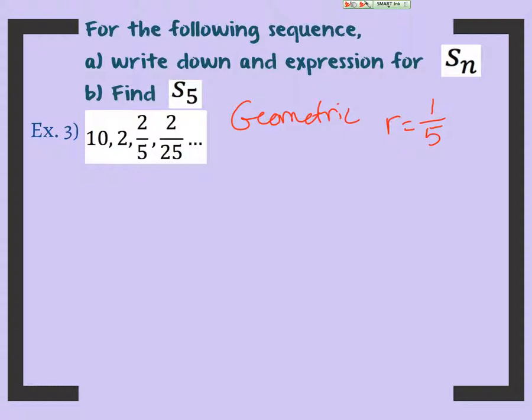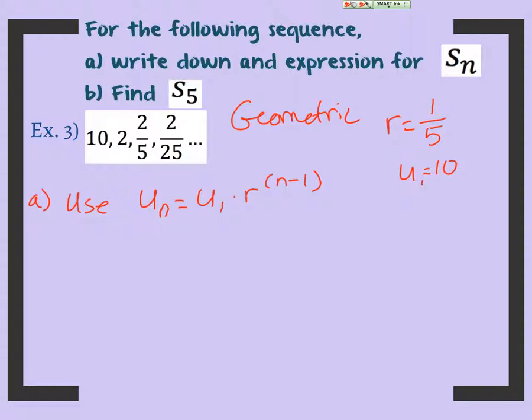Like, use your resources. So since we know it's geometric, I have to use the general term formula for a geometric sequence, which is u sub 1 times r to the n minus 1. So my first term, the first number in my list, is 10.